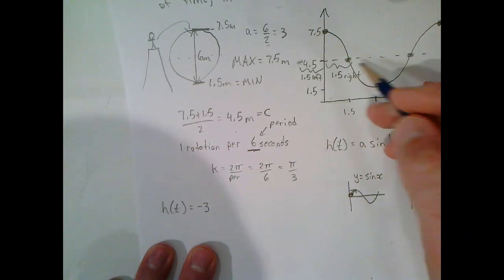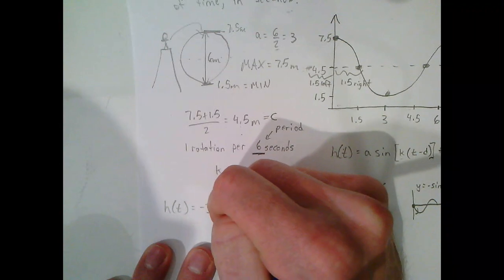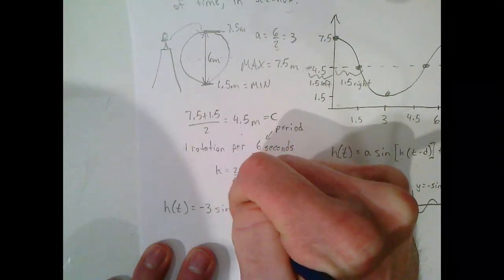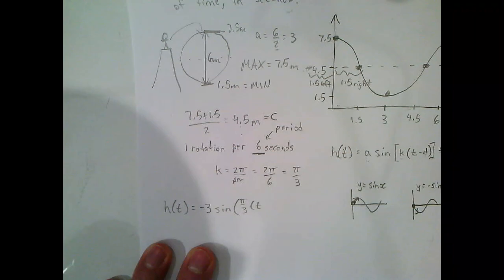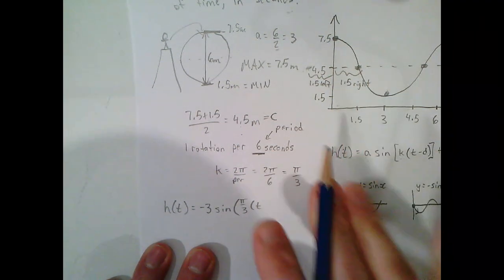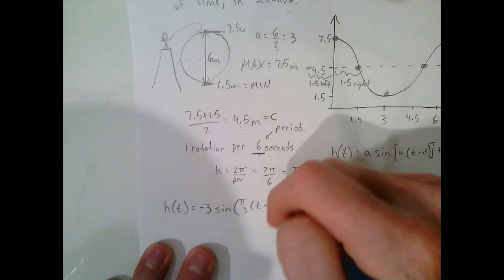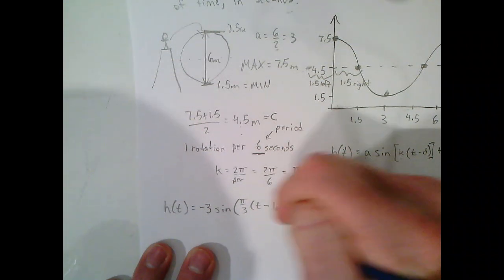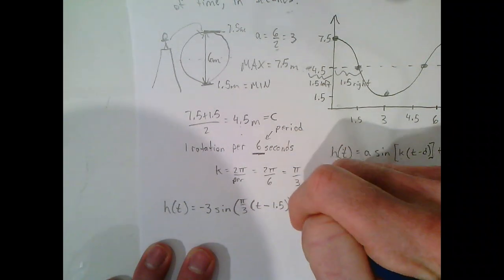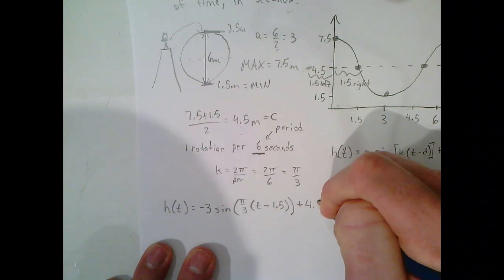Oh, I guess I'm doing the one where we shift to the right first. Sine of k, which is pi over 3, t, and we flipped it over, so we're going to the right. So if it's gone to the right, that means there's going to be a minus here by 1.5. You could write that as 3 over 2 if you like. I've never met anyone that prefers fractions except my own weird self, plus c at the end, which is 4.5.